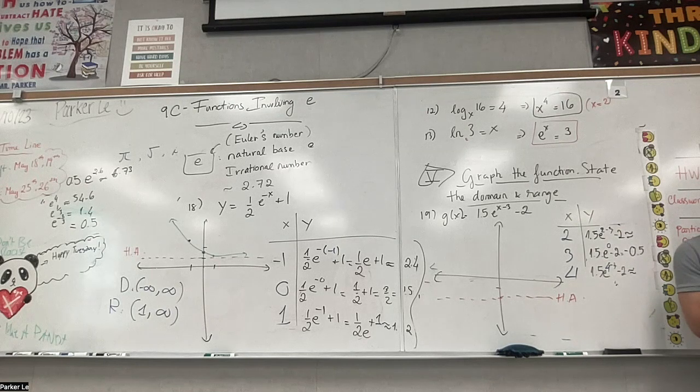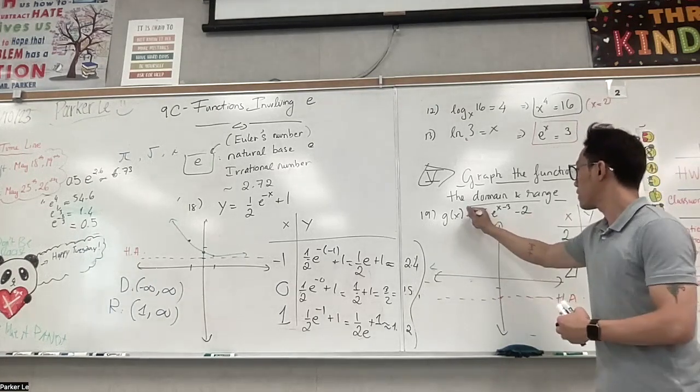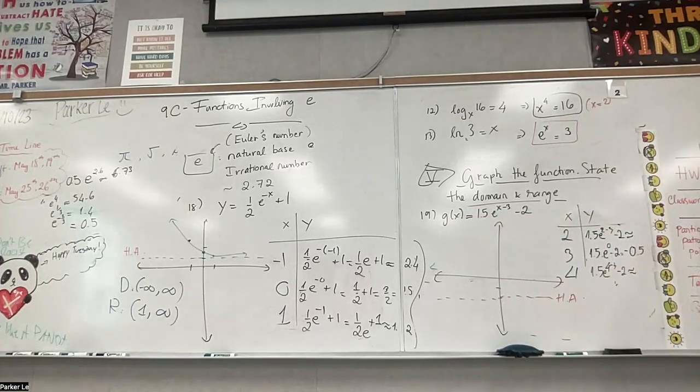Brian. Calculate, give me a number. Ask me a question. Yeah, it's equal. Use calculator, give me this. What is 1.5 times e to the negative 1 minus 2? Right? 2 minus 3 is negative 1.